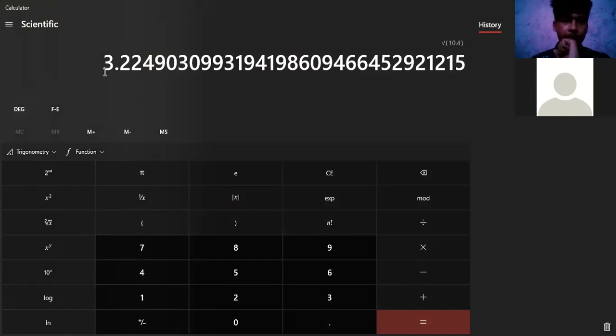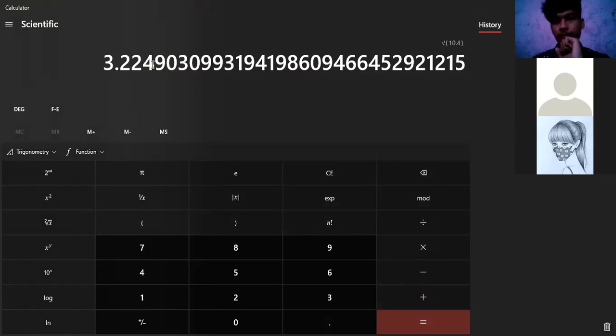Amanisa? Yes, sir. What will be your answer? If the calculator gives a value like this, let's imagine the copy now. Will you write all this value in your copy also?